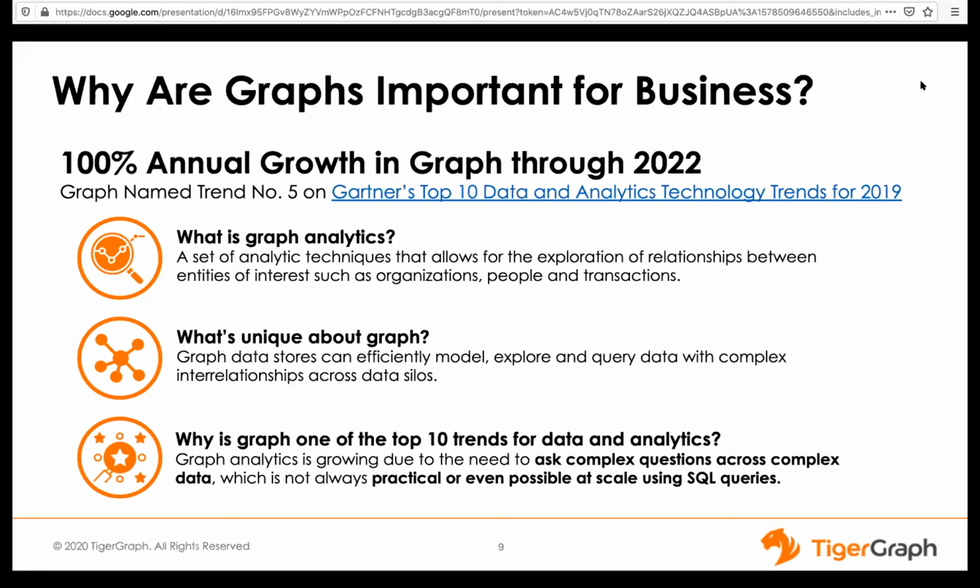Because it enables you to ask those complex questions across complex data, which is not practical in traditional tabular data. And this is not to be overlooked: just the fact that you reorganized it, there's always the human in the loop.